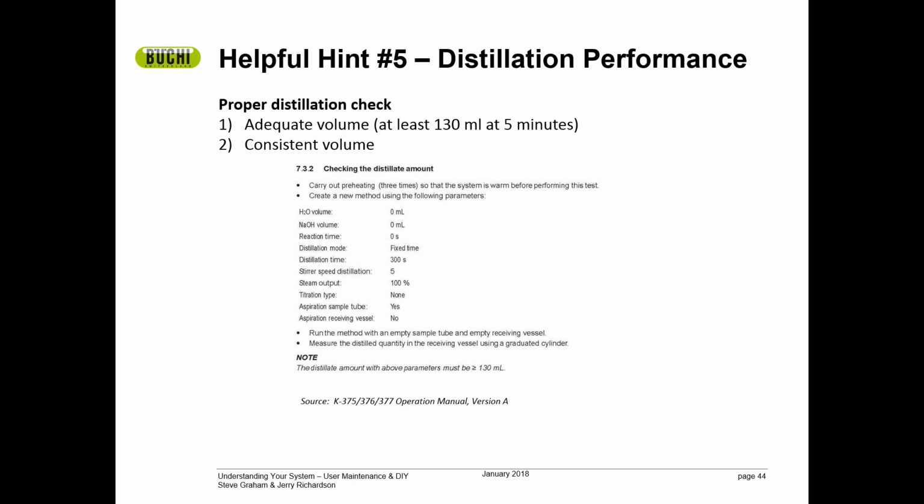Every one of our systems, if you put this method in, basically the method is a 5-minute distillation with no added water, sodium hydroxide, or boric acid. It's simply a 5-minute distillation at 100% steam output. You collect that distillate and you measure it. If it is less than 130 mils, then you have a leak somewhere in the system.